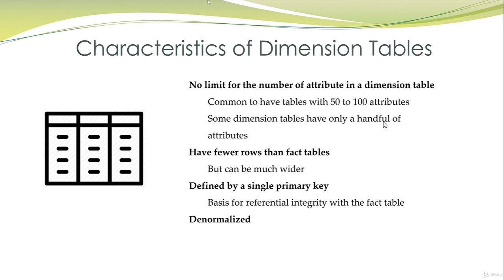For example, in the product dimension, we can include the category and subcategory of the product, maybe the department, and maybe some more information about the brand, and whatever other information related to the product in the same table. This information would be spread over multiple tables in an operational database that is usually normalized. In a data warehouse, we put similar descriptors in the same dimension table.